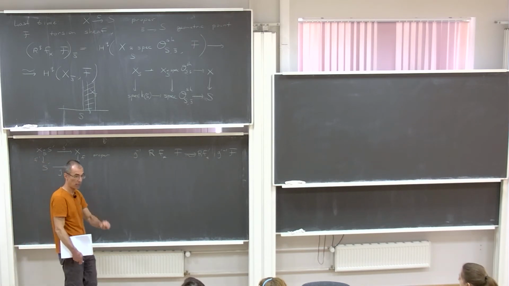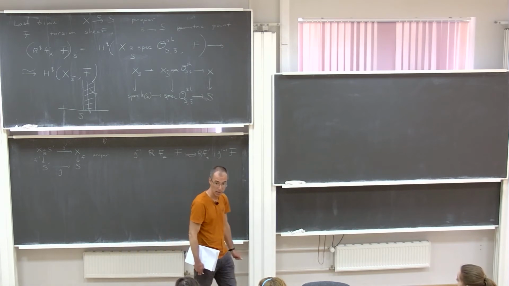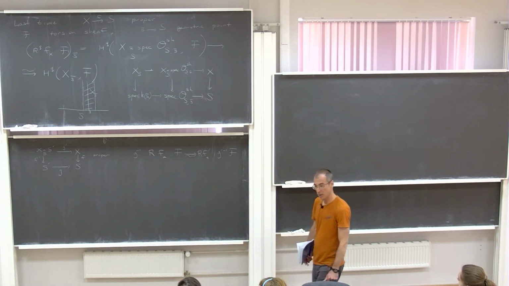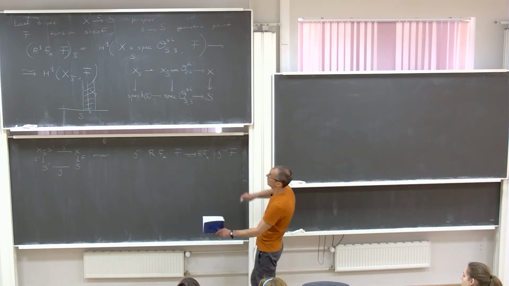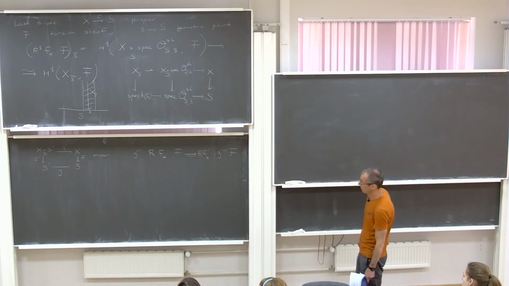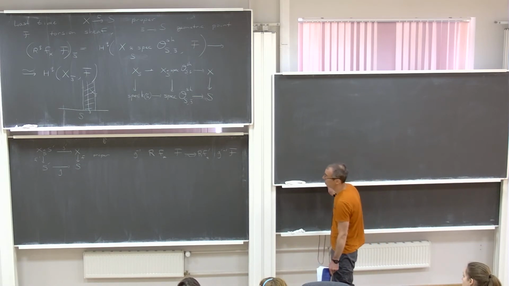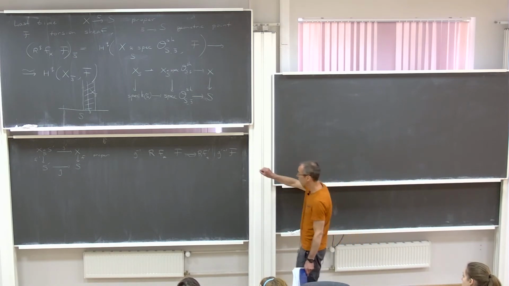This is something that is not true for non-proper schemes, as we saw in the case of A1 over an algebraically closed finite field. Okay? So this is a deep fact.